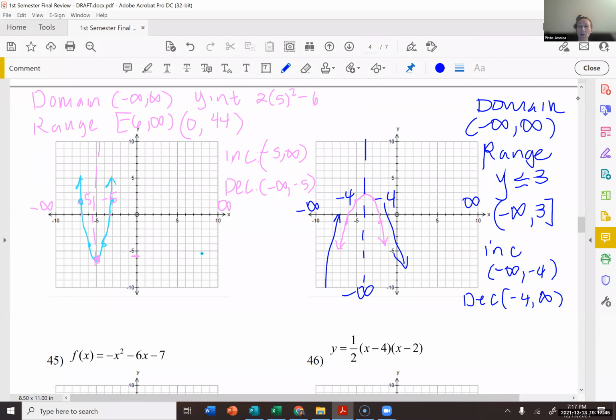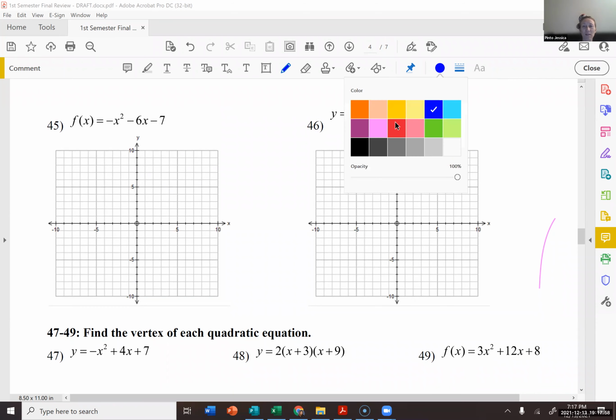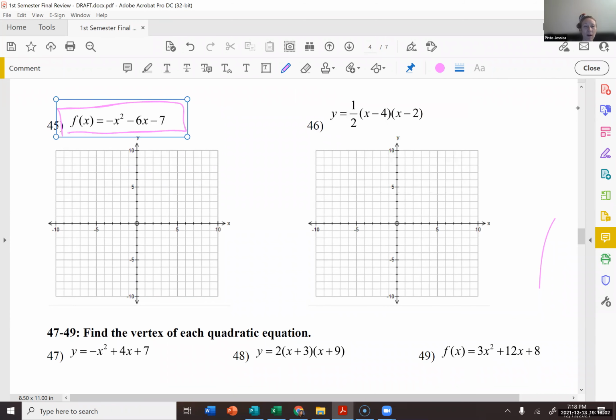Very cool. So right on, moving right along to question number 45. Oh, I love this question. It's standard form. So right away, I know that (0, -7) is the y-intercept.